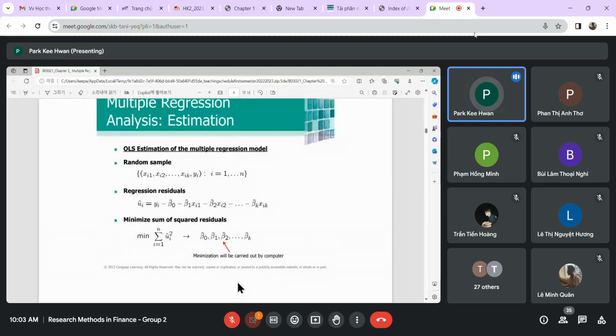But this is the way we find these parameters beta naught hat, beta 1 hat, and so on. And if you find these parameters by minimizing the sum of squared residuals, we call that OLS, least square. We want to minimize the square. Okay, least square, ordinary least square.